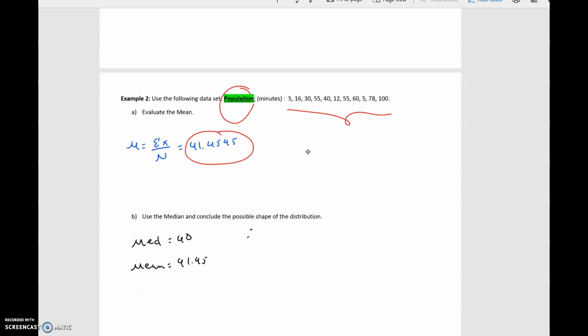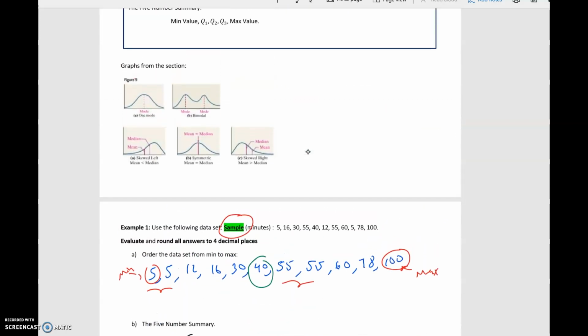So you would say something along the lines of, since the mean is equal to technically 41.4545, which is greater than 40, which is equal to the median, then you would say, it is likely that the distribution is skewed to the right.